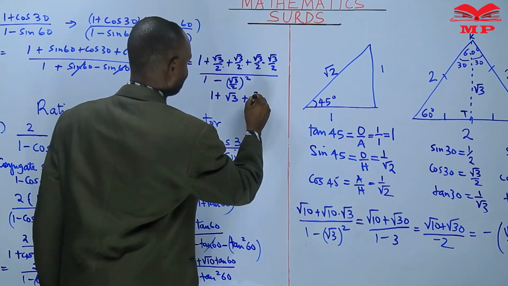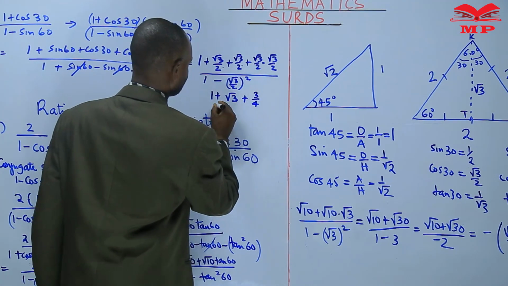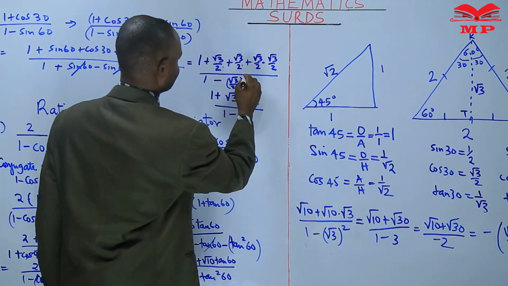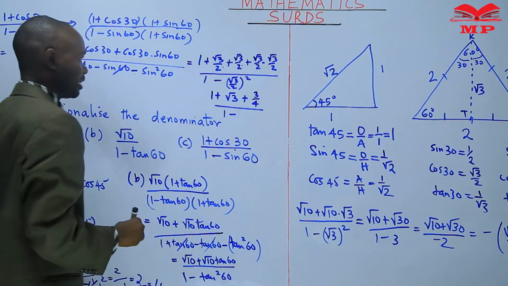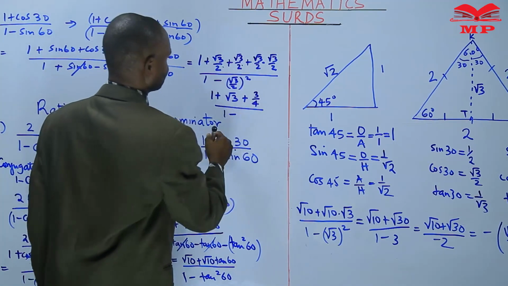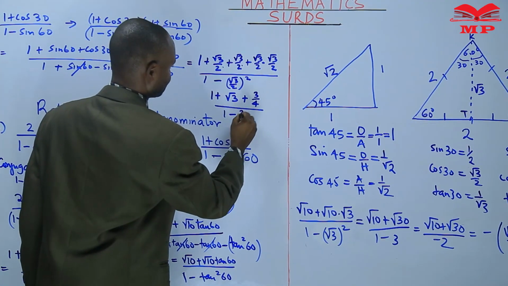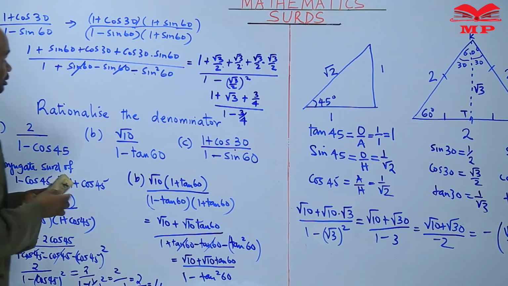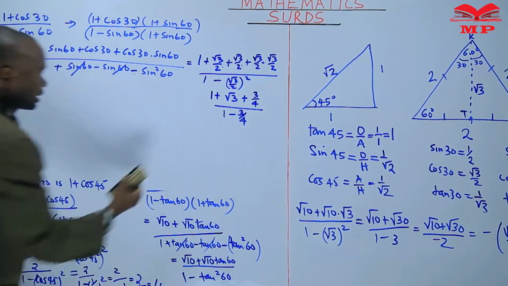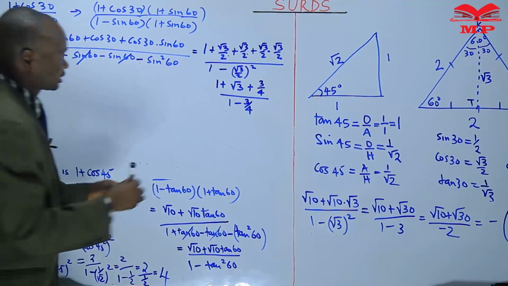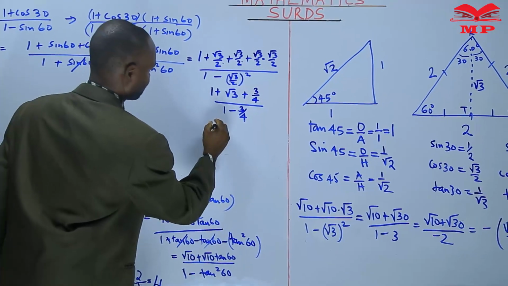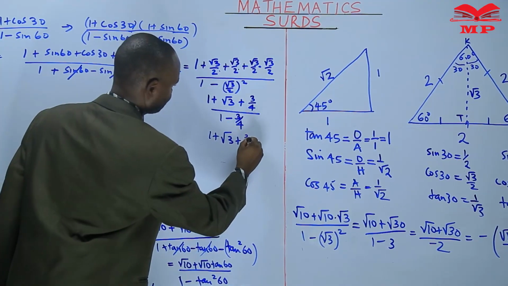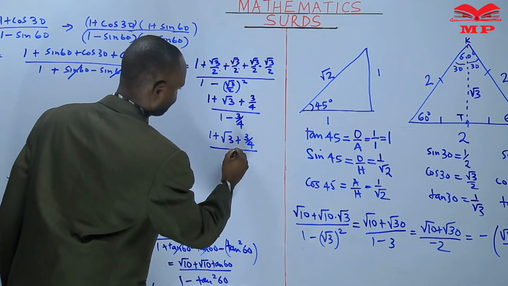You'll get 3 over 4 over 1 minus square root of 3 squared, which is 3 over 4. So working that out, you get 1 plus square root of 3 plus 3 over 4 over a quarter.